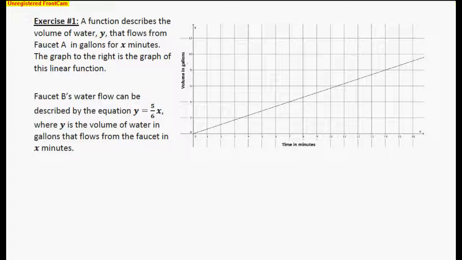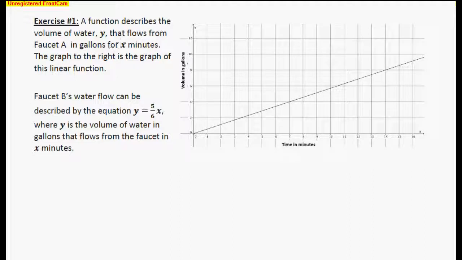It says a function describes the volume of water, which is going to be y, that flows from faucet A in gallons for x minutes. And they have the graph on the right here that is describing this linear function.